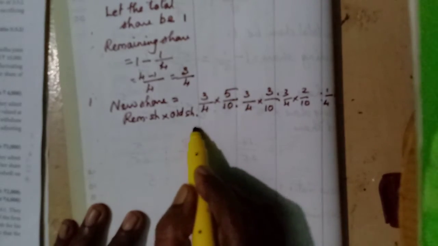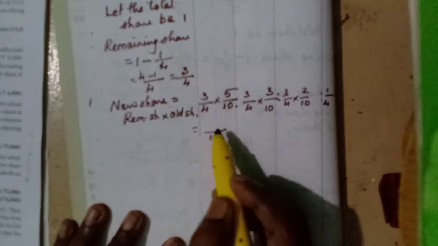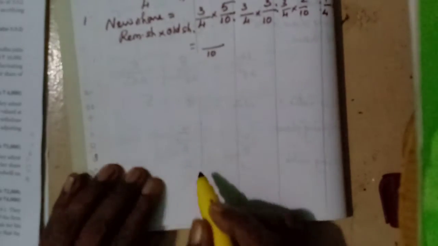Now again we will calculate. LCM 10. 3 by 4 into 10, we will calculate.